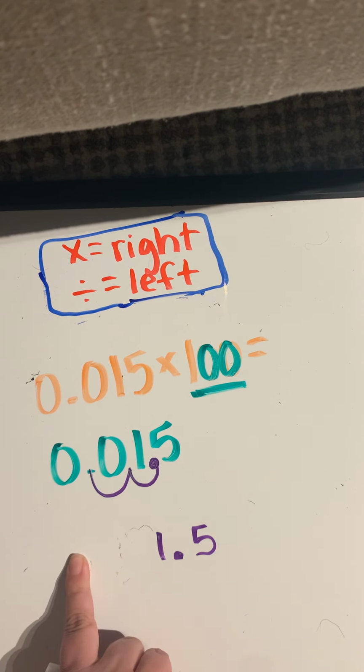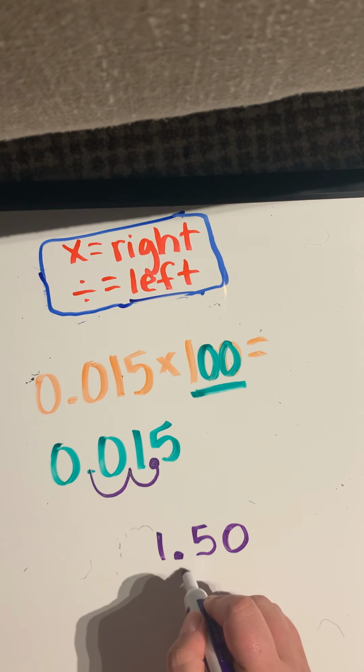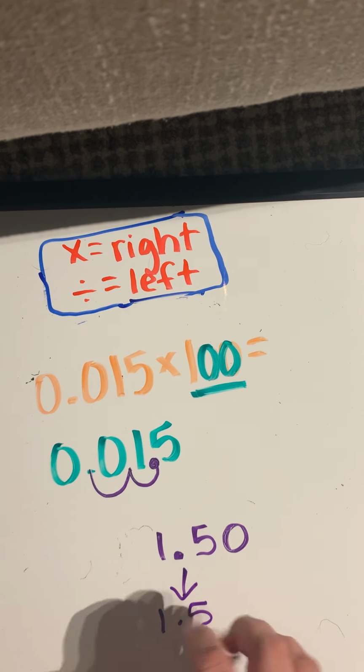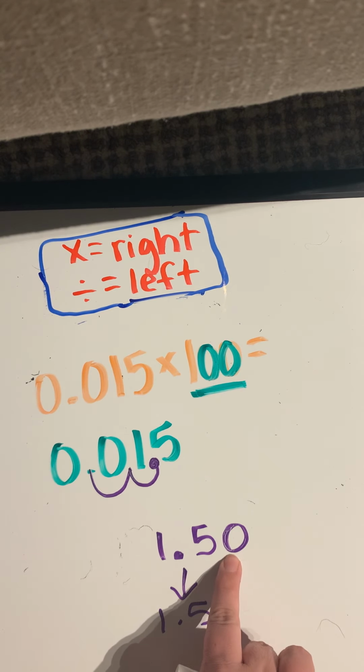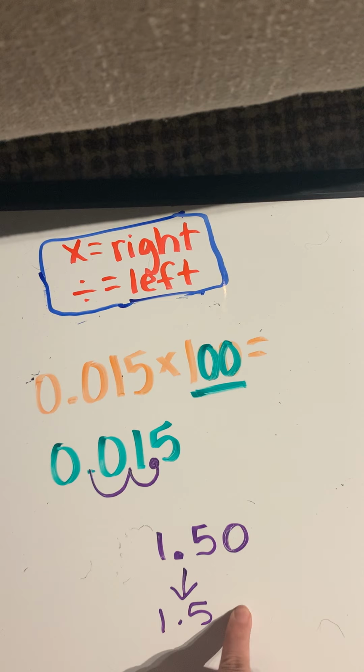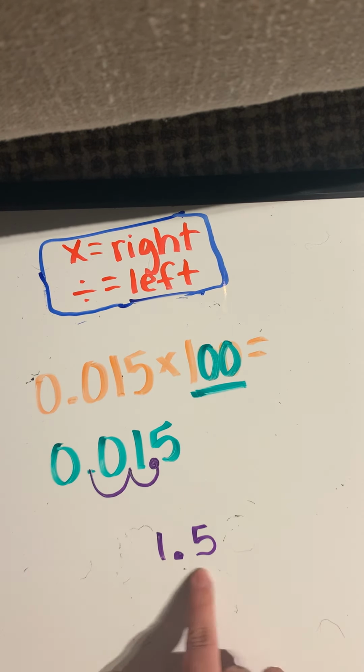Just like if you had 1.50. 1.5 is really the same thing as 1.50. You just have 0 in your hundredths, and it's just holding a place, so you don't really need it. So your answer there would be 1.5 in order to make it look a little bit cleaner and nicer.